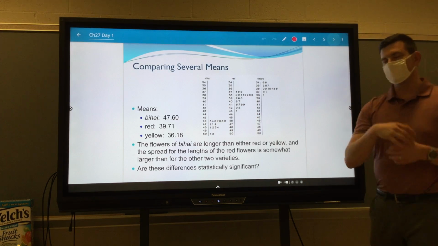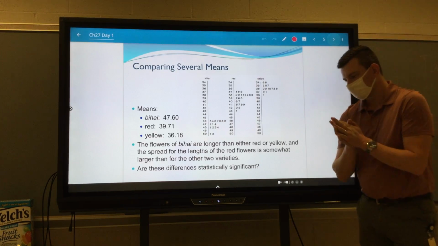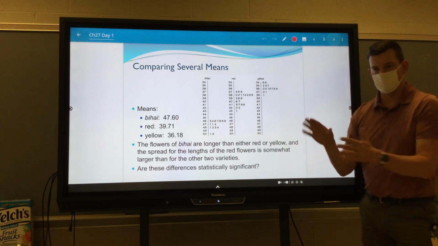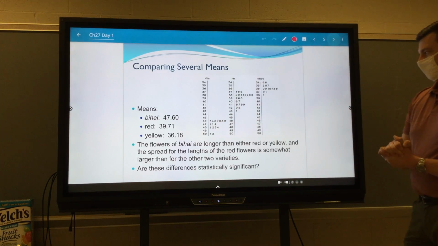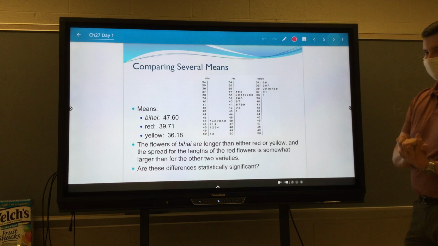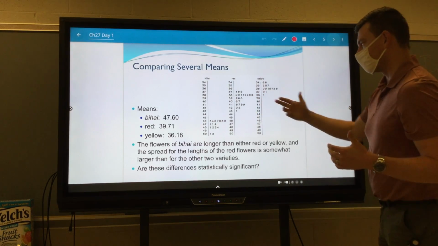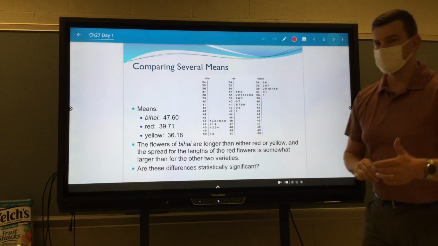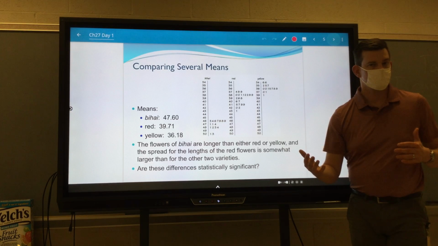We don't see a lot of the standard deviation displayed on this type of distribution. And it also is worth mentioning that we have different sample sizes. This red variety was our largest sample, and it also happens to have the largest standard deviation.